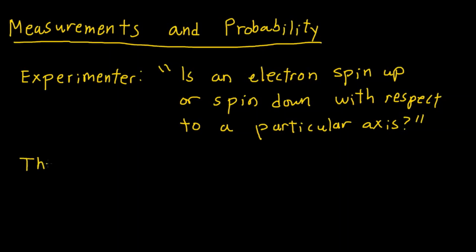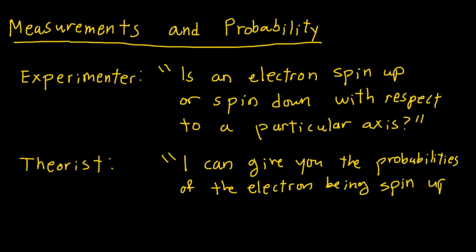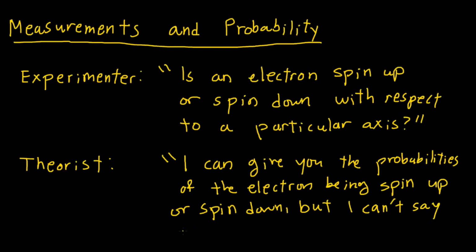Now, the theorist, at best, can only say, I can give you the probabilities of the electron being spin up or spin down, but I can't say for sure which it will be.